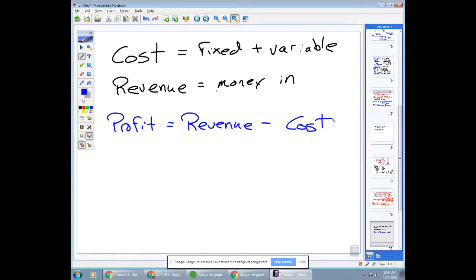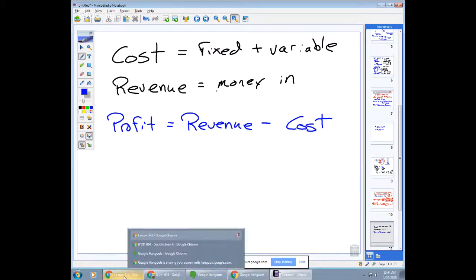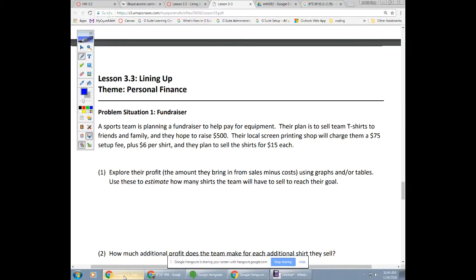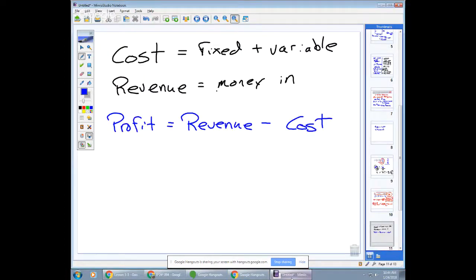So what's my revenue here? How would I calculate revenue here in this problem? You're gonna make 1,500 bucks on 100 shirts. Yeah, so it's just 15 times the number of shirts, right? So I'm gonna write that down first. So what letter should we use for number of shirts?